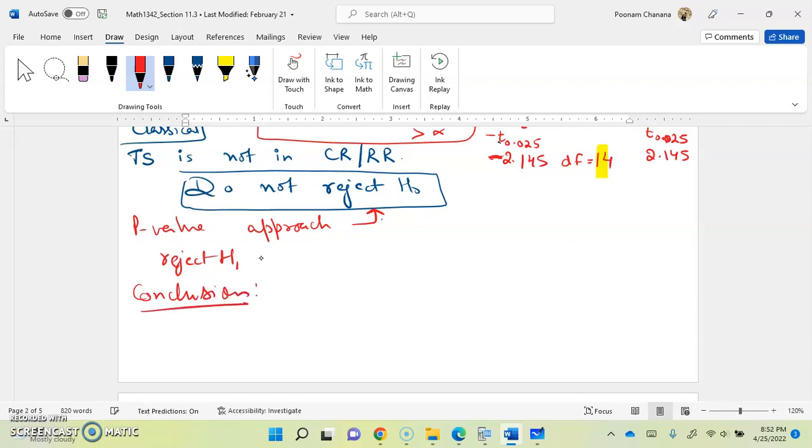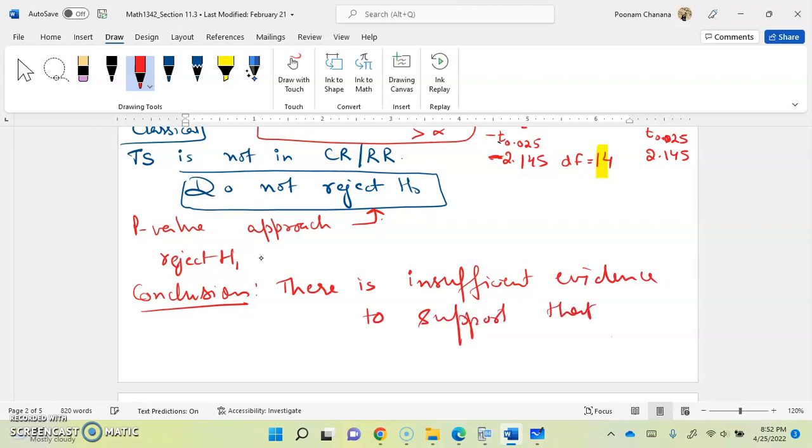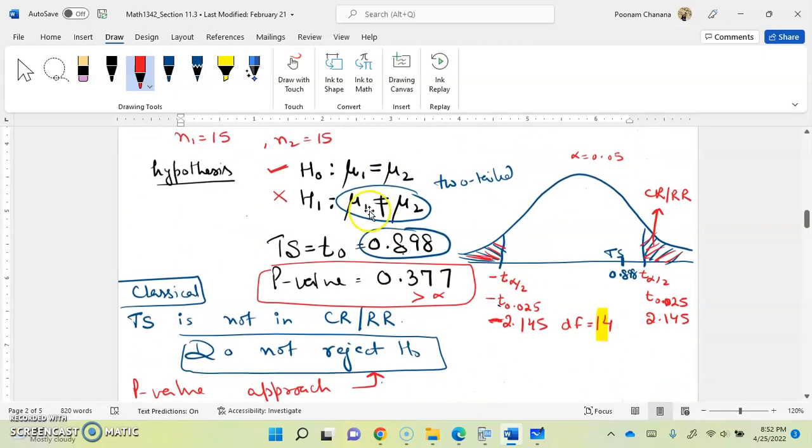There is insufficient evidence to support that mu1 is not equal to mu2. That was our alternate hypothesis. We do not have enough evidence to support that. That is question number 1.